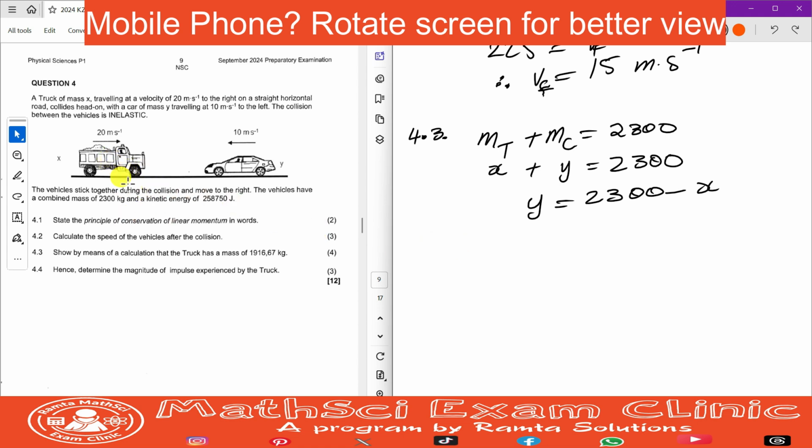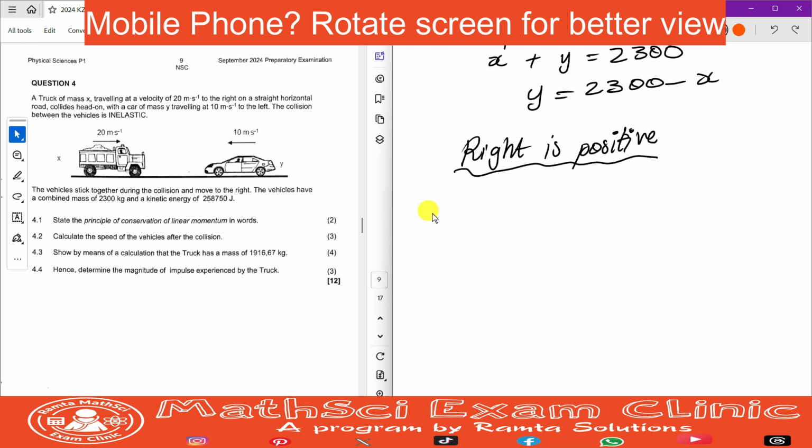Now let's get to our calculations. We are now headed to using the law of conservation of momentum. I will say to the right is positive. Remember, even if you say to the left is positive, it's still okay. You will get the same answer. So we are proving that the mass is this.